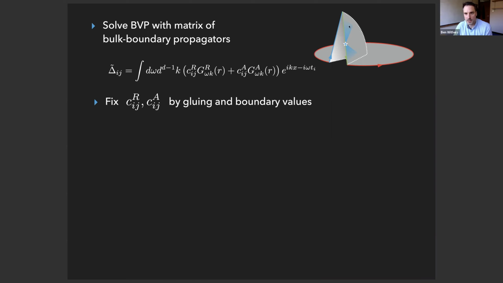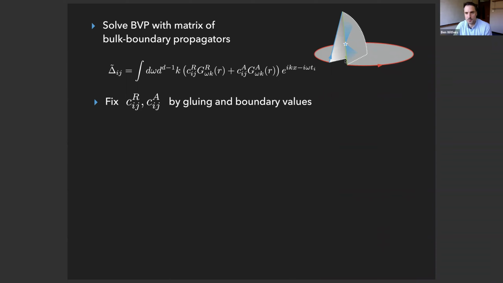So we can build up this matrix of propagators. It's composed of a retarded piece corresponding to the part that propagates into the future, an advanced piece into the past, and a matrix of coefficients Cij attached to each of these retarded and advanced mode dependencies. So this is the general form of the bulk to boundary propagator matrix, and the task is now just to fix these coefficients.